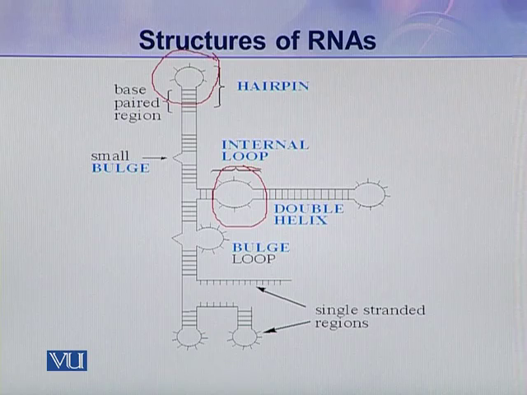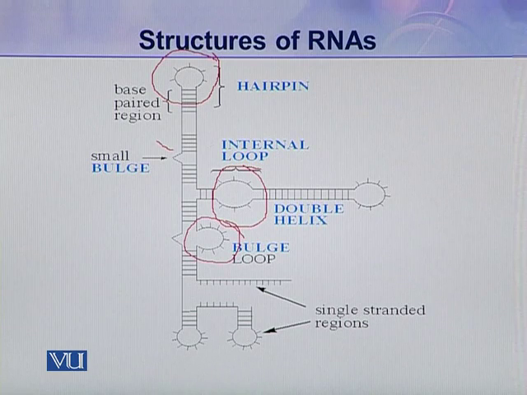And this is a small bulge where only one or two bases are not complementary to each other. So this small bulge is formed, and if more than 2-3 bases are not complementary to each other, then a big bulge loop is formed.